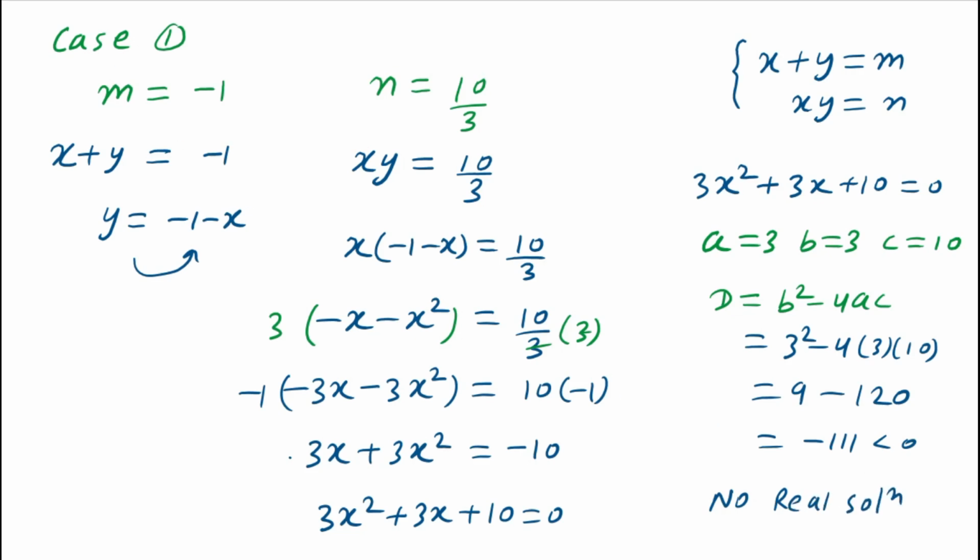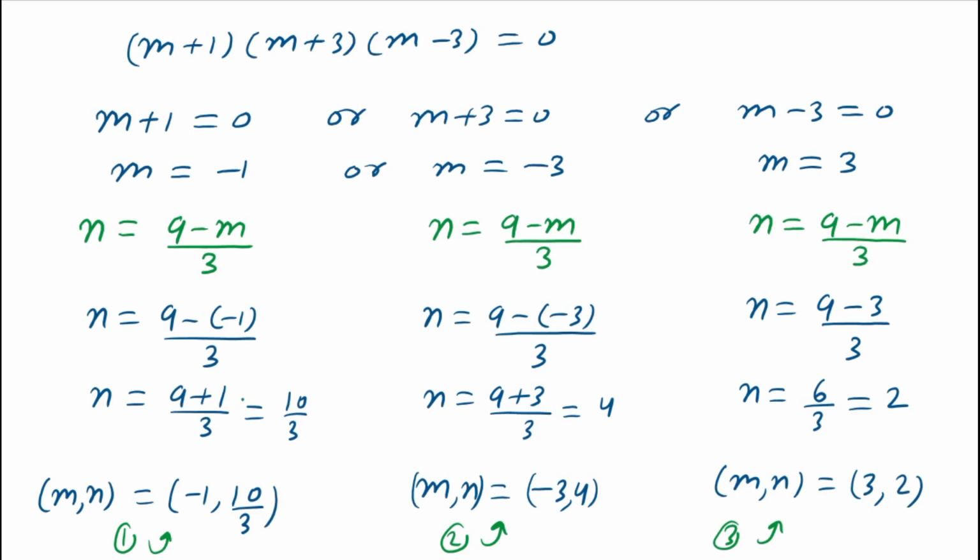Now let's solve case second. Case second is the value of m equal to minus 3 and n equal to 4. Here x plus y is equal to m, and x times y is equal to n.